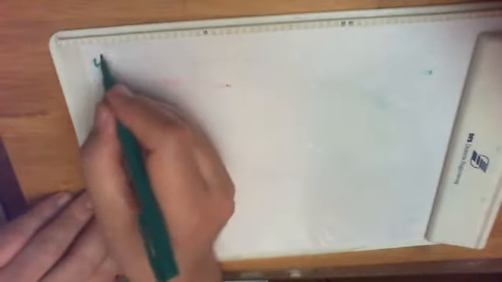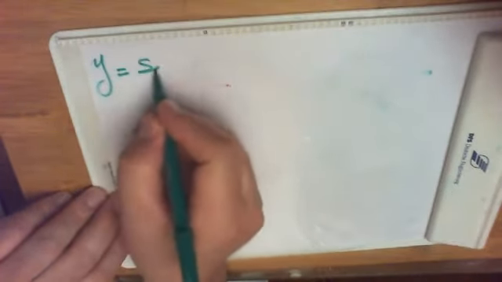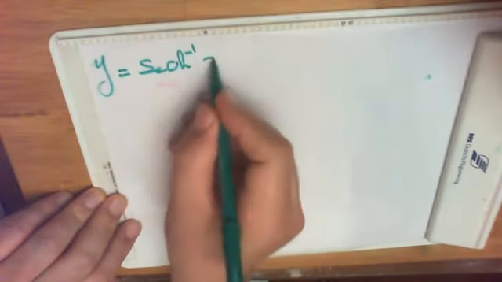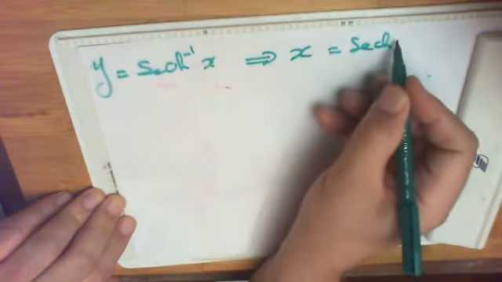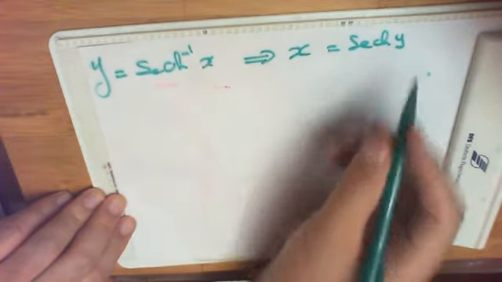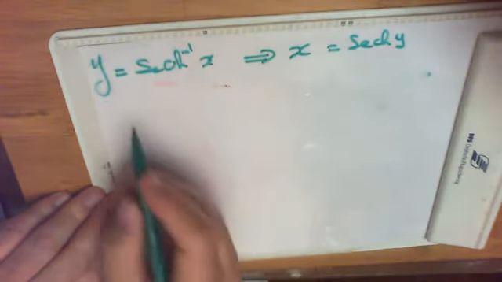Okay, let us prove it. No problem. You know y equals sech minus 1 of x means x equals sech y, right? But sech y is 1 over cosine y.